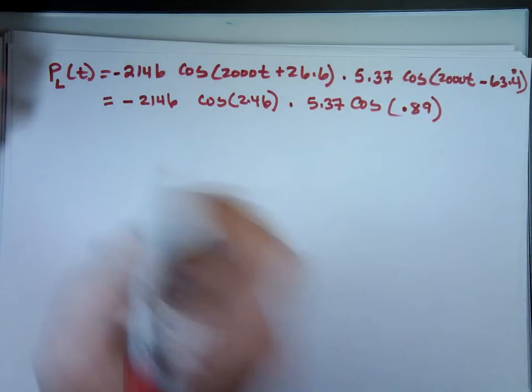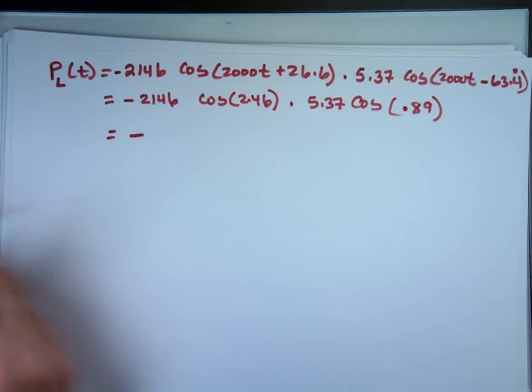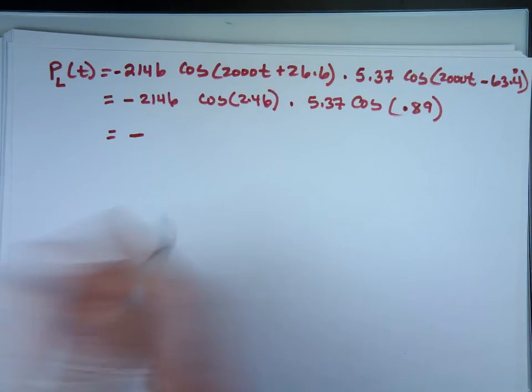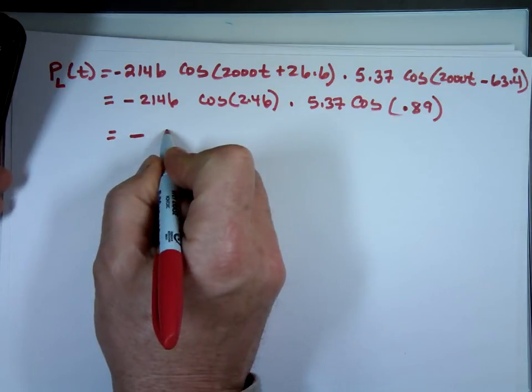So now let's see what that number is. 2146 cosine 2.46 times 5.37 times the cosine of 0.89. I got negative 5.